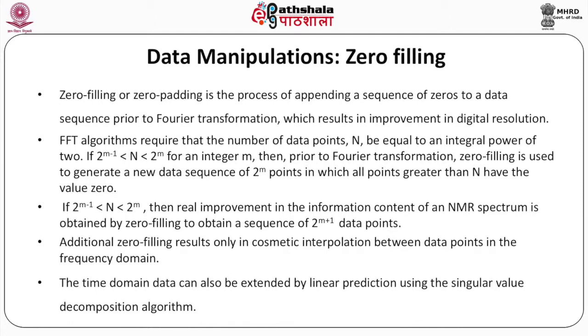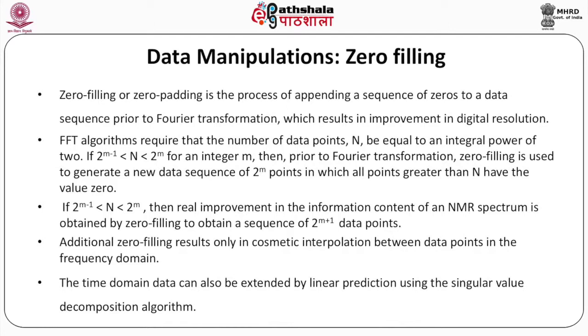Zero filling or zero padding is the process of appending a sequence of zeros to a data sequence prior to Fourier transformation, which results in improvement in digital resolution. The fast Fourier transform algorithms require that the number of data points n should be equal to an integral power of 2.